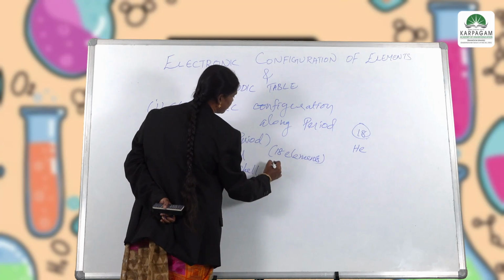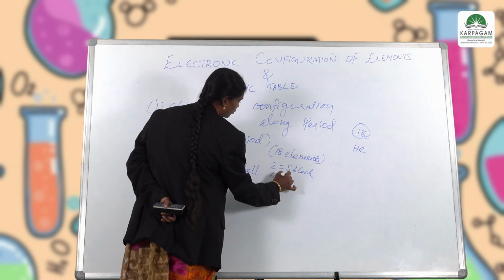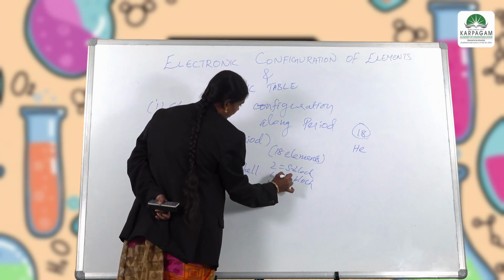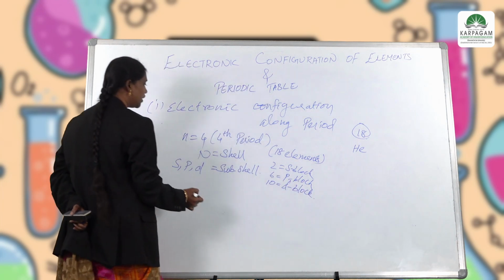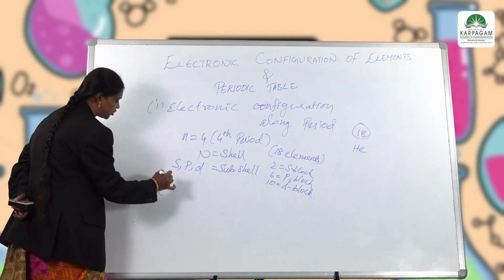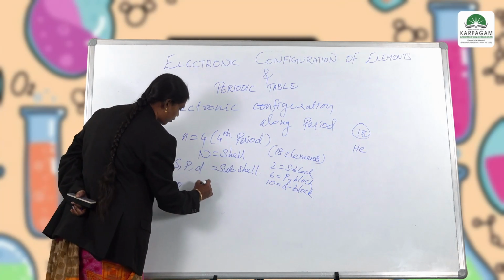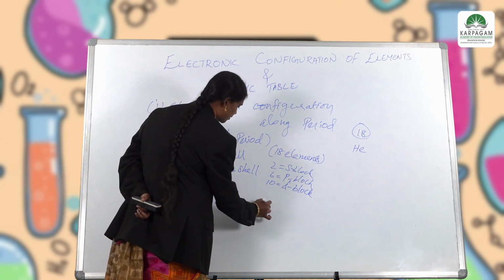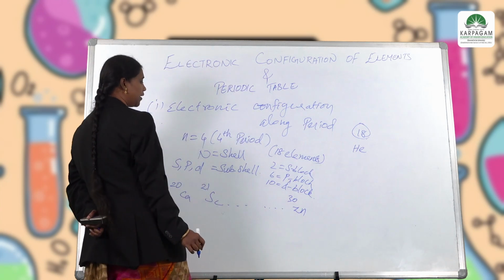Likewise, 2 belong to the s block and 6 belong to the p block, and another 10 elements belong to the d block. In the 4th period it starts with potassium and calcium, and the d block elements start, the first one being scandium, up to zinc, 30.